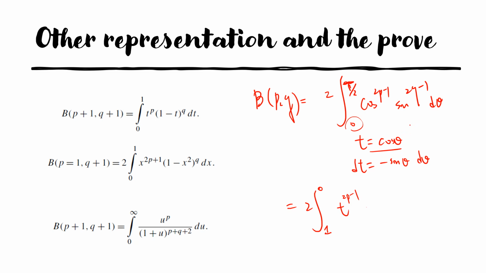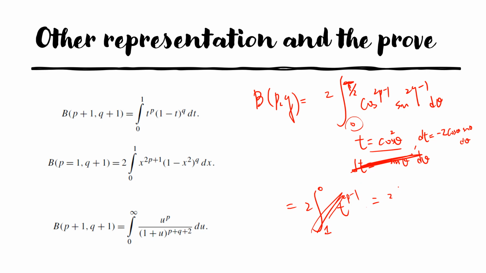Oh, sorry, let me instead set t equals cosine squared theta. Then the first term is cosine to the 2p minus 1. So dt is minus 2 cosine theta sine theta d theta. You can check this.